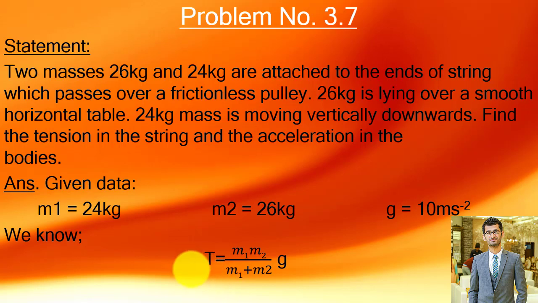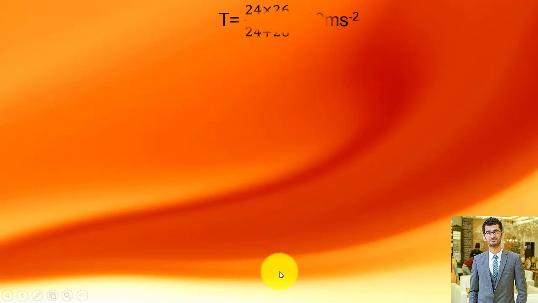using the formula T is equal to M1 M2 over M1 plus M2 into G. Putting the values in the above equation, we get 24 multiplied by 26 divided by 24 plus 26 multiplied by 10 gives us 6240 divided by 50.